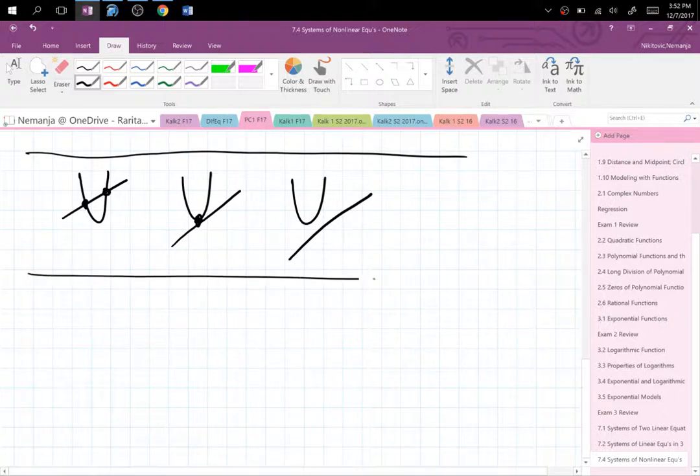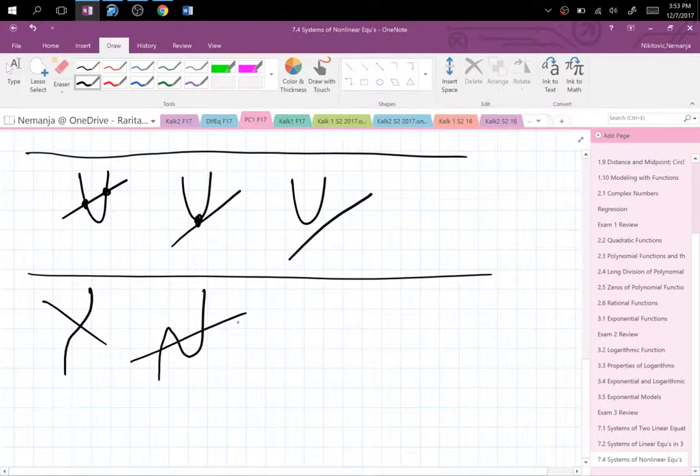Now, you can't really come up with some kind of formula for this. It's just the shape. You see, I can have a basic cubic that looks like this, and then intersect with a linear line and have 1 solution, or I can have a cubic that goes like this and intersect with the linear line and get 3 solutions, or intersect and get 2 solutions.